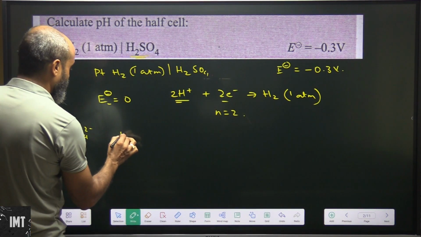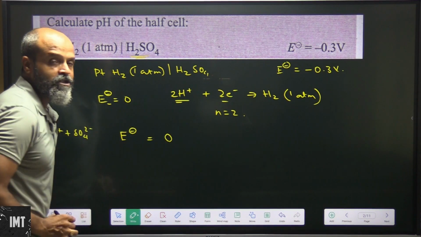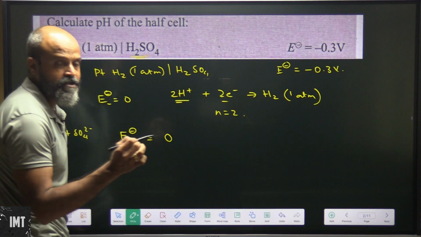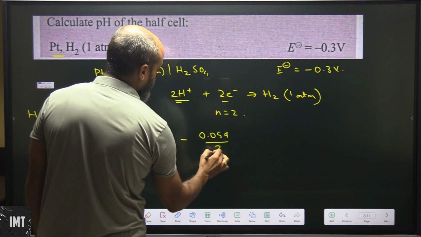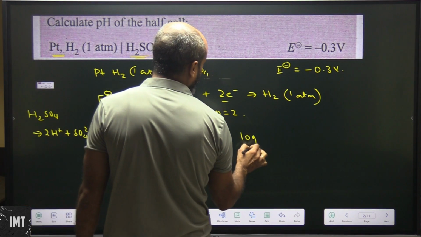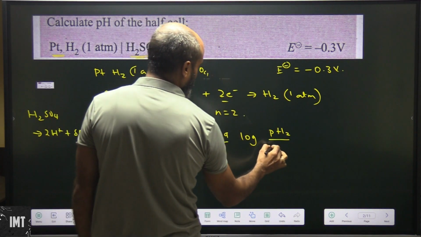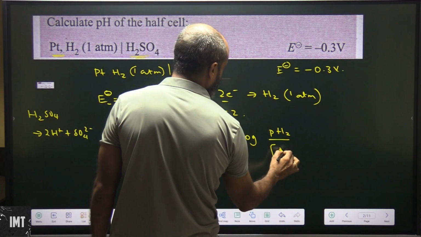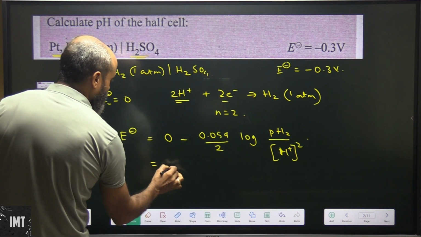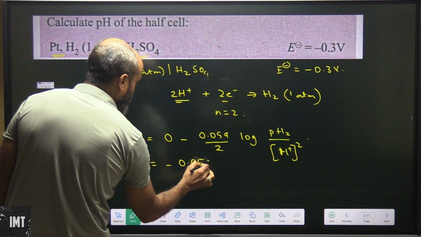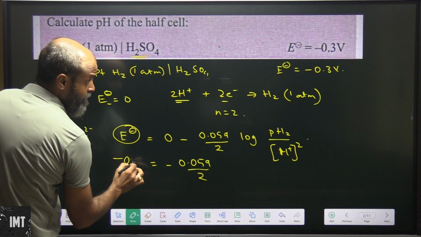So here we have the Nernst equation applied as EMF of the cell will be equal to the standard reduction potential for hydrogen, which is 0, minus 0.059 by 2 times log of pressure of hydrogen upon concentration of hydrogen ions raised to 2. Here we have been given the value to be minus 0.3.